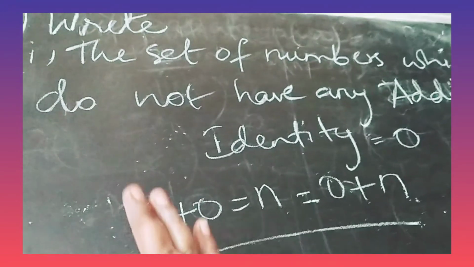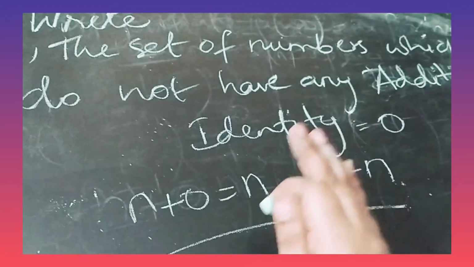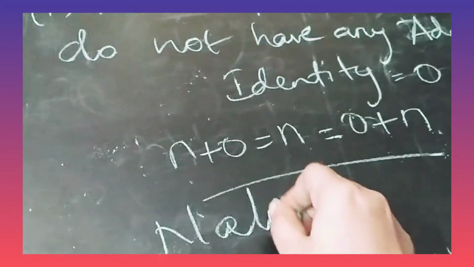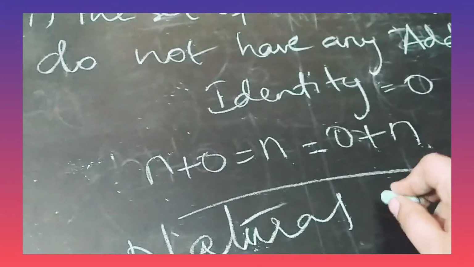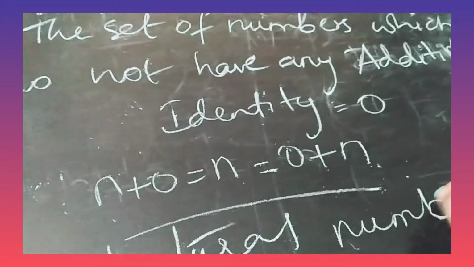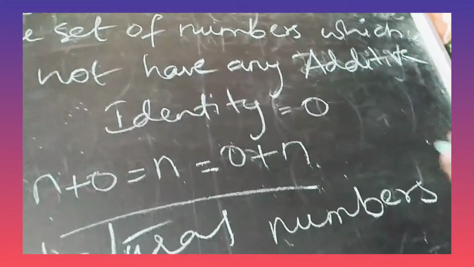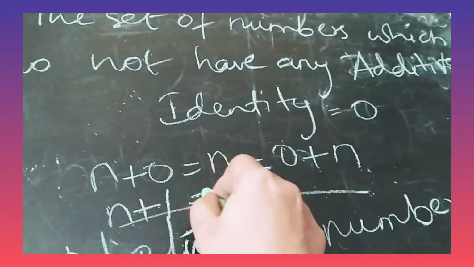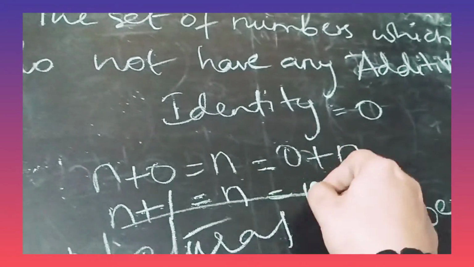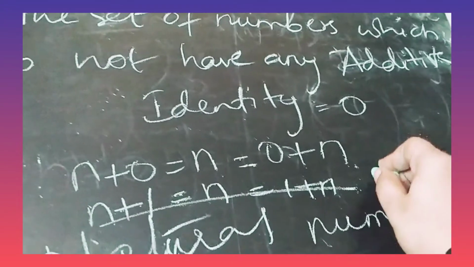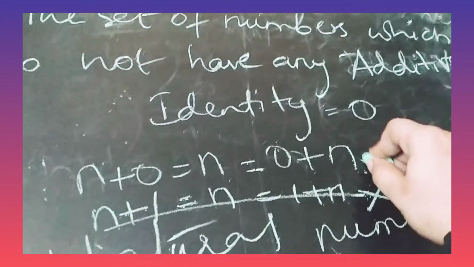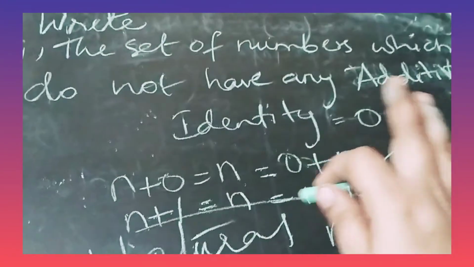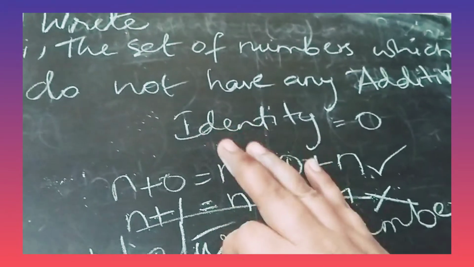So the set of numbers which do not have any additive identity is natural numbers, because natural numbers start from 1. If we take 1 here, n plus 1 is not equal to n, and 1 plus n is not an additive identity. This is an additive identity. So natural numbers are the set of numbers which do not have any additive identity.